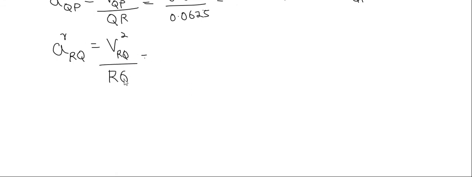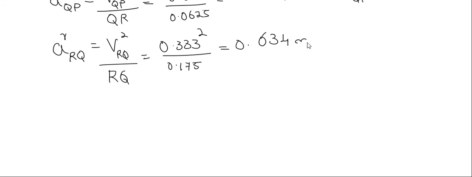That will be given as 0.333 square divided by 0.175, that is the length of the link, and you will get an acceleration of 0.634 meter per second square. Let's draw it correctly. So that will be 0.634 meter per second square.